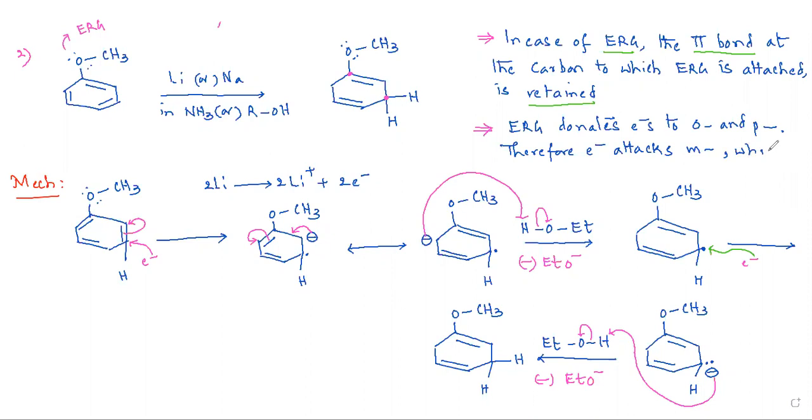Meta position, which is of course electron deficient, yes, because the electron releasing group is releasing electrons or is donating electrons to ortho and para. Therefore, electron attacks the meta position.